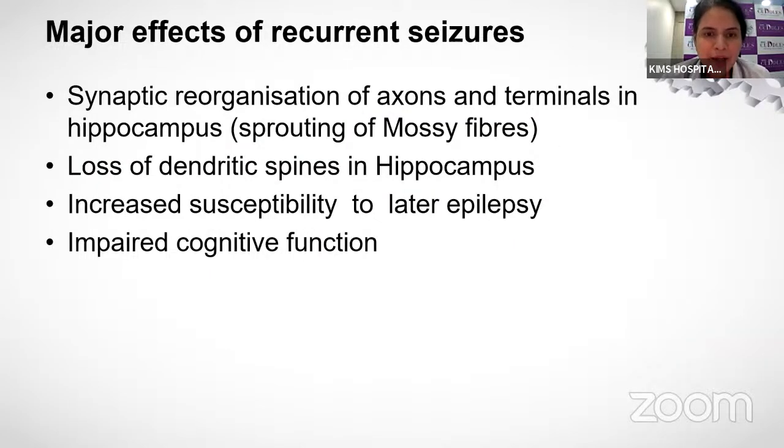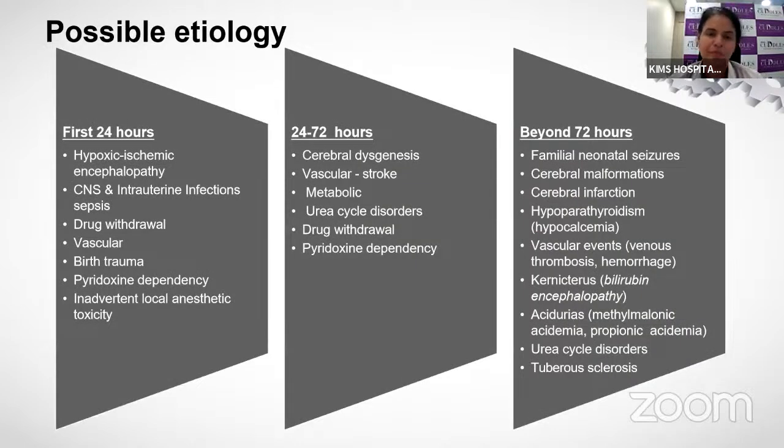In addition to the direct clinical effects such as hypotension, hypoglycemia, and hypoxia, the major effects of recurrent seizures also include synaptic reorganization of axons and terminals in hippocampus, loss of dendritic spines in hippocampus, and increased susceptibility to subsequent epilepsy and impaired cognitive function.